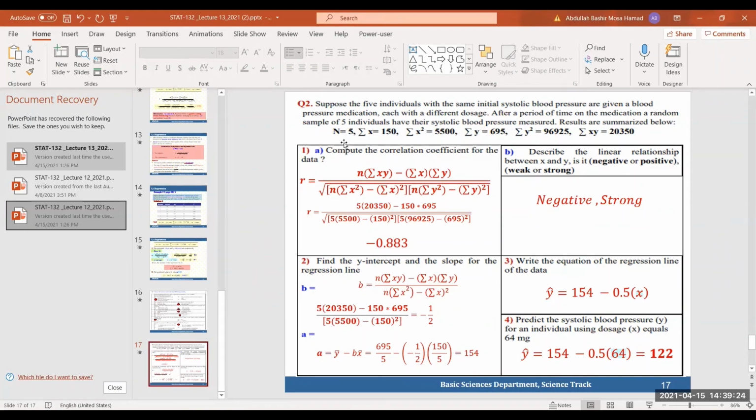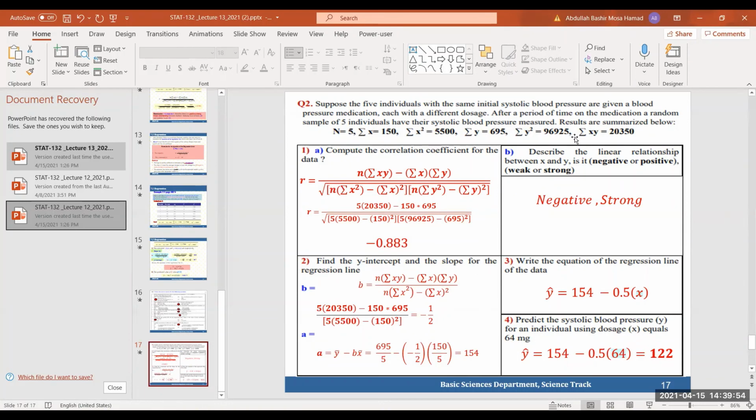First question, compute correlation coefficient for the data. We just use the formula given in exam. Instead of n, we use 5. Instead of summation xy, we use this summation xy. Then summation x, 150, summation y, 965, over square root of 5.